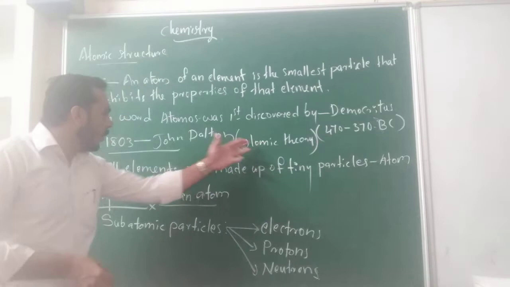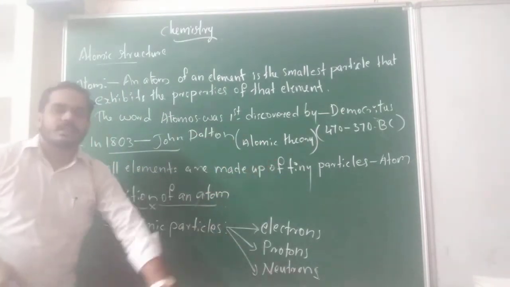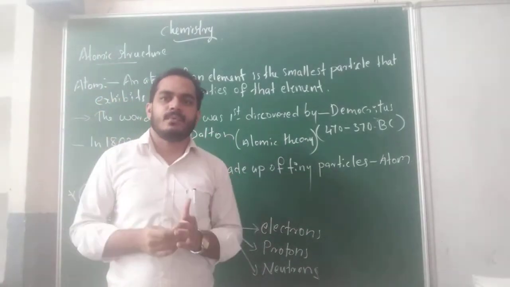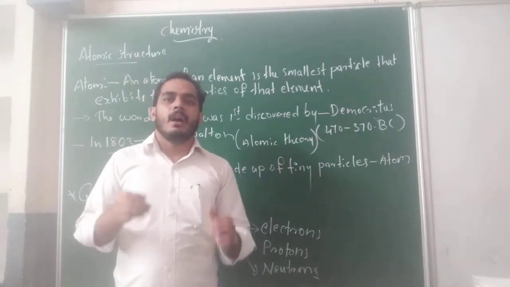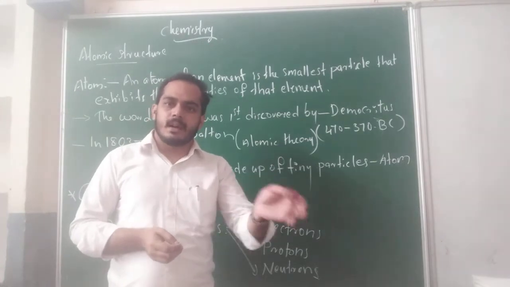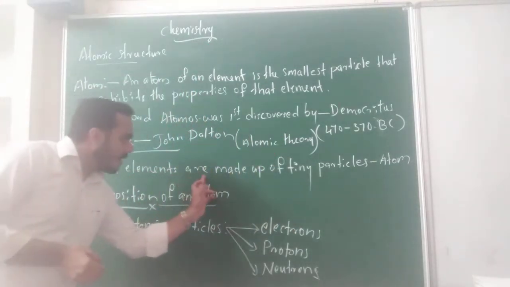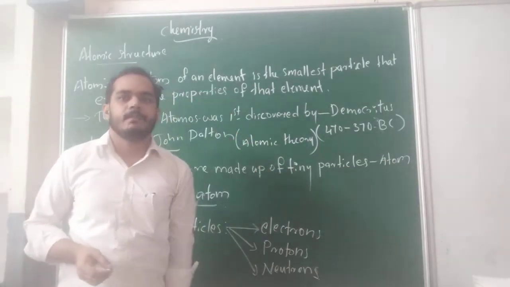Here, all elements are made up of tiny particles called atoms. John Dalton gave clear proof that the atom is the smallest unit. Otherwise, all elements are made up of tiny particles, and that tiny particle is called an atom.